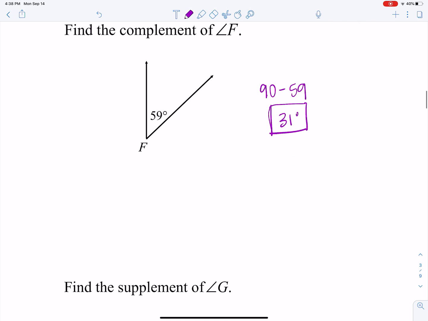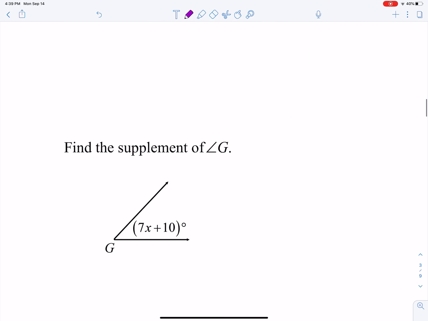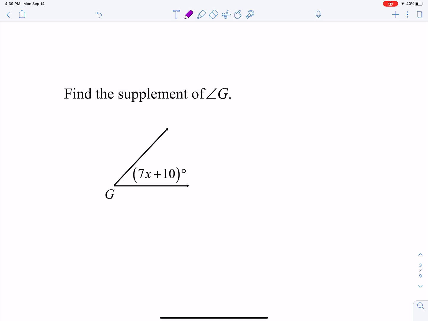So we're going to up the difficulty level. This problem just dealt with a number. Now we're given an expression for an angle. So we don't actually know what the measure of angle G is, but we have an expression to represent its measure.